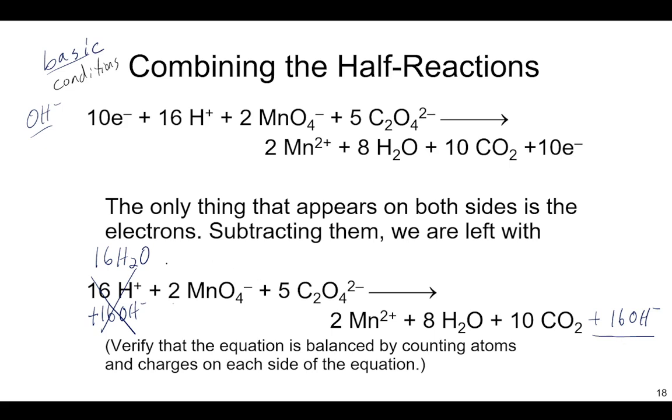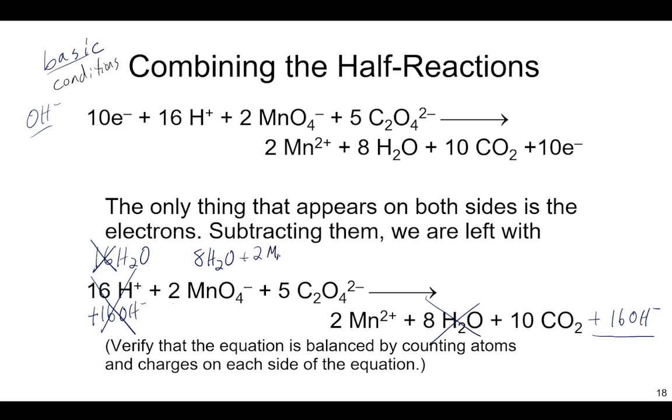And then you have to figure out if waters can now cancel on each side. So we've added 16 OH minuses to neutralize those H pluses, adding 16 OHs to both sides. And doing so on the left, we've created 16 waters, which now the 8 waters on the right can cancel some of those waters. And so my left side will be 8 waters instead.